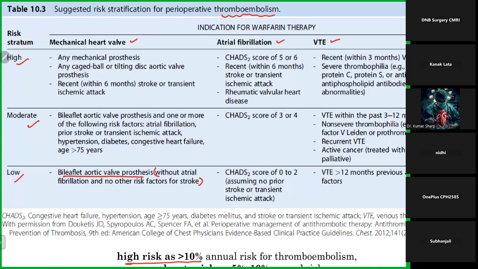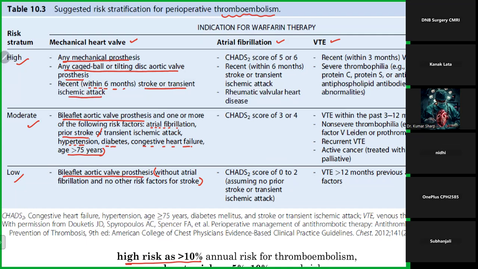Moderate risk is a bileaflet aortic valve prosthesis and one or more of the risk factors: atrial fibrillation, prior stroke or TIA, hypertension, diabetes, congestive heart failure, age more than 75 years. High risk is any mitral valve prosthesis, any caged ball or tilting disc aortic valve prosthesis, and recent stroke or TIA, that is within 6 months.